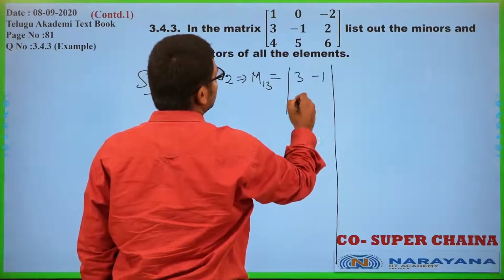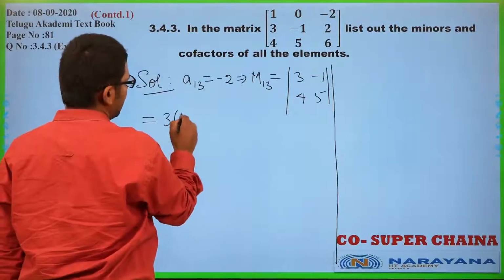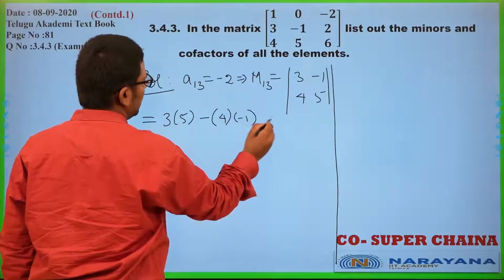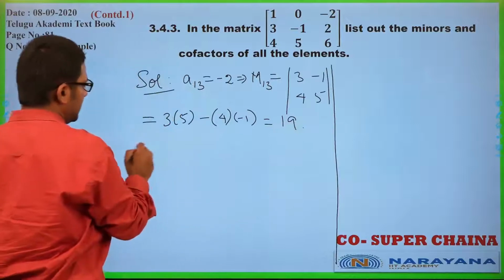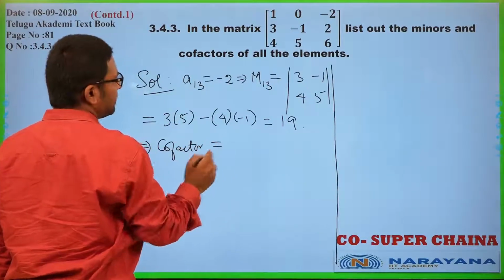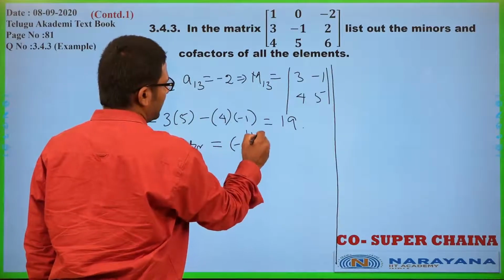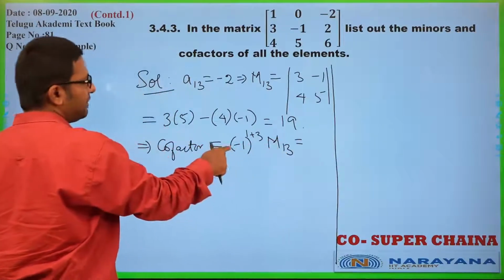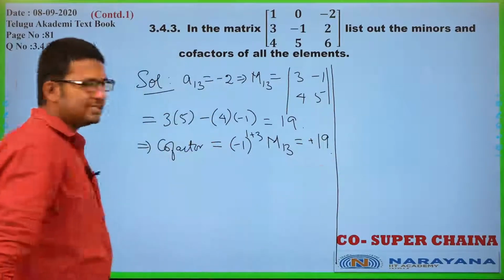So 3 minus 1, 4, 5, which is 3 into 5 minus of 4 into minus 1, which is 15 plus 4, 19, and cofactor of this element is equal to minus 1 raised to 1 plus 3 M13, which is, you see, minus 1 raised to 4 is plus 1, so plus 19 itself.